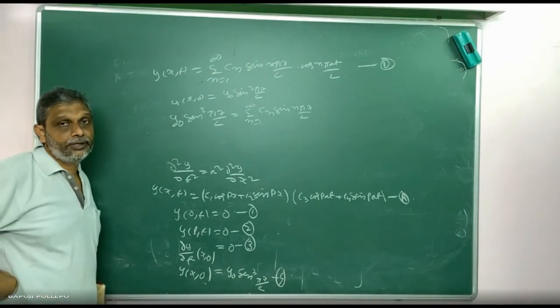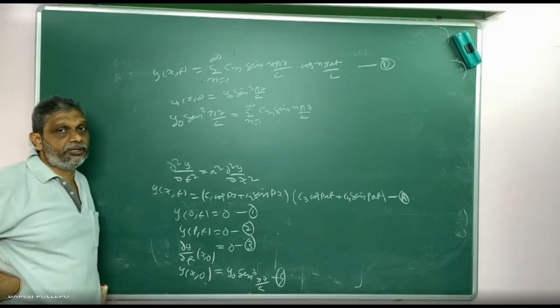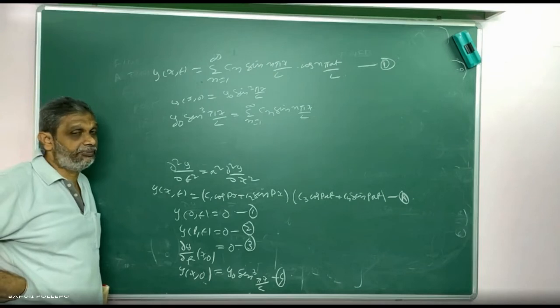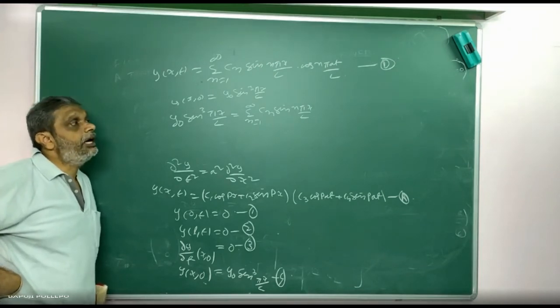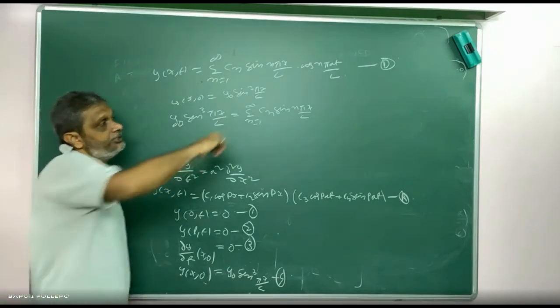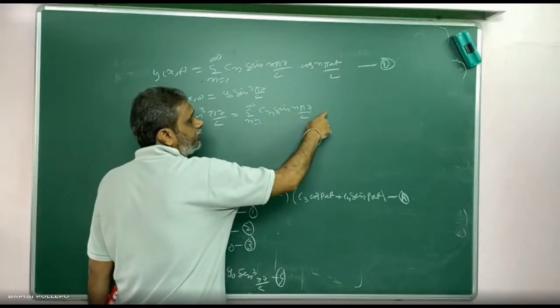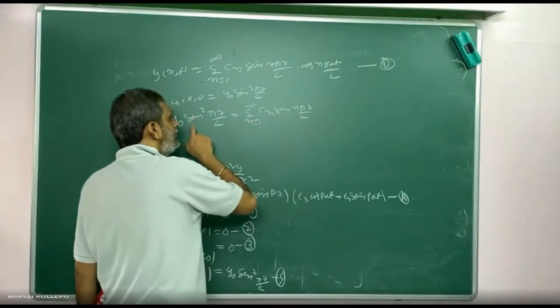Sir, clear? So remaining three you have to do. If you have doubt, you can ask me again. I will do, no problem actually. Don't leave the problem. It's very very important. Maybe in the examination they have also asked this, a very easy problem. Here I don't want to expand the Fourier series. Why? This expansion of sin cube will get what? C1 sin pi x by l, C2 sin 2 pi x by l, C3 in terms of sin. This is also in terms of sin.